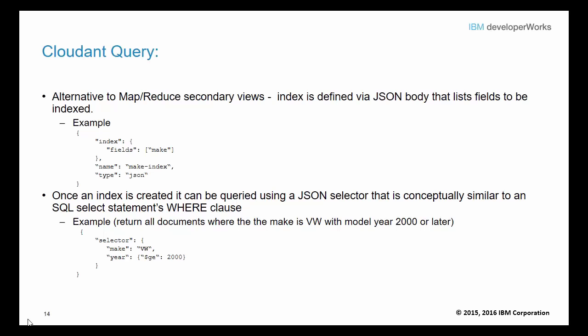So here you see we indicate the make as VW and the year as an expression that's greater than or equal to 2000. One thing to note here is that once you create an index, you can include additional fields in your selector when you're making the query. So here, although our index was on the make field, we could actually include the year field to narrow down our result set when we use that index.